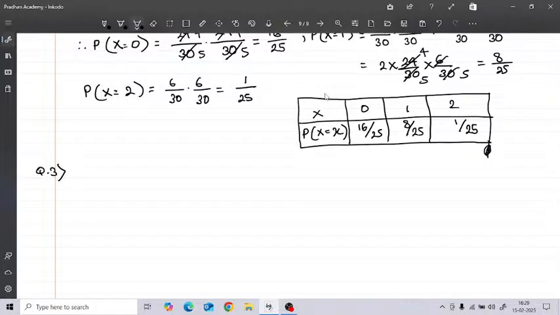Question number 3. What is it stating? A building contractor, this is a question from the case study section.